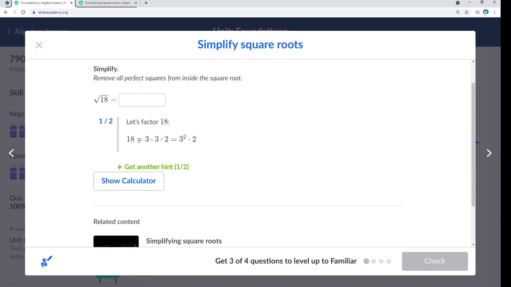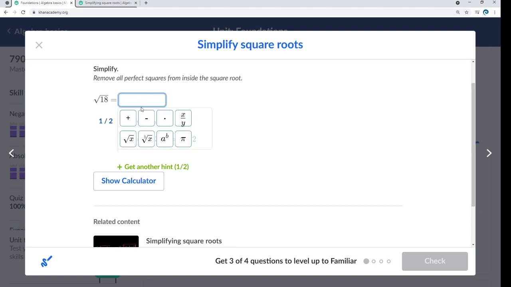But I don't know how to do it all out by hand like they did here. So 3 times 3 times 2, and this is a perfect square, right? But in order to get to the square root, you still need to multiply by 2. That's what Zeg's like, yeah, okay. If they're asking me to remove all the perfect squares, does that mean they just want me to write the perfect square?